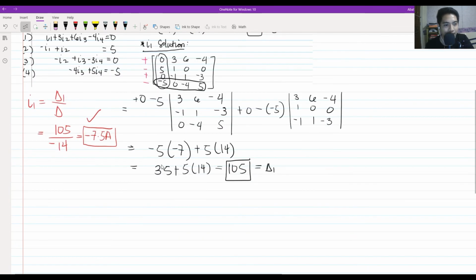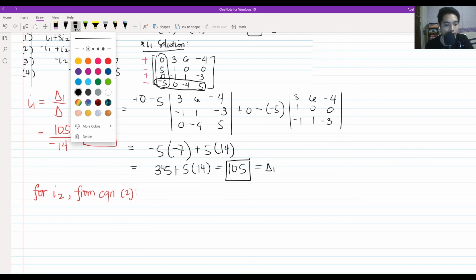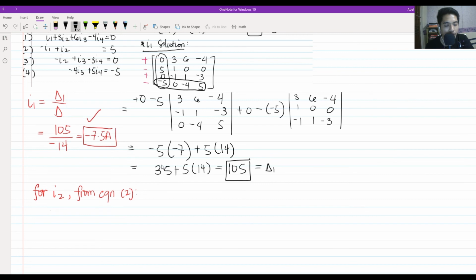But for I sub 2, we can compute it using equation 2. If we rearrange our equation 2 such that we isolate I sub 2, we have I sub 2 equals I sub 1 plus 5.